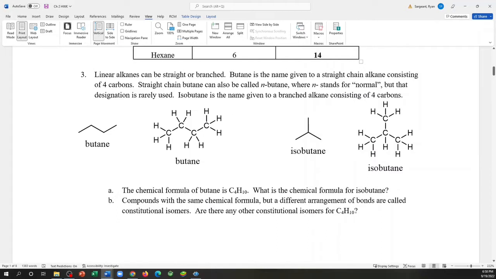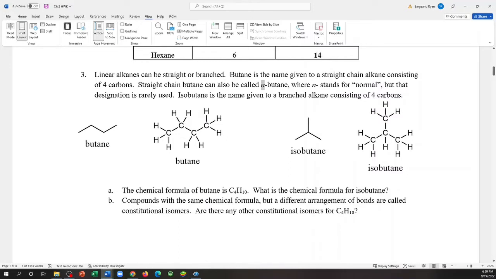These particular compounds have names, so if it's a straight chain of 4 carbons, we call it butane, or occasionally we use the term N-butane, where N stands for normal, but rarely do we use that designation. And then isobutane is just a common name that chemists started to use for 4 carbons with a branch in it, and it stuck. The chemical formula for butane is C4H10.